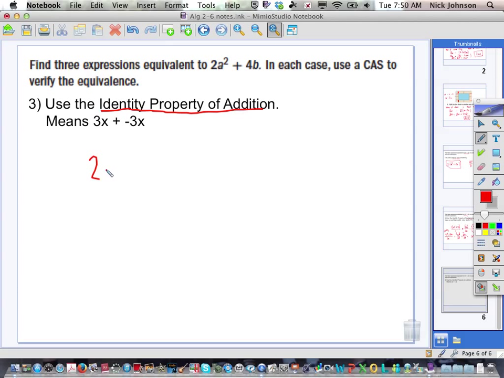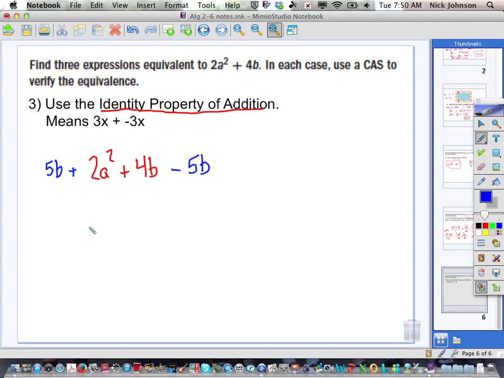So for an example, start with my expression, 2a squared plus 4b. What I'm going to do is add 5b, and on this side, I'm going to subtract 5b. But I'm not going to totally combine everything together.